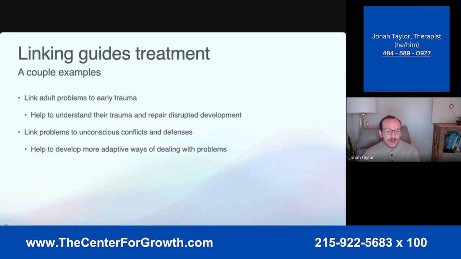To link problems to unconscious conflicts and defenses, a treatment direction is to help to develop more adaptive ways of dealing with problems. These are very simplistic, and I apologize that there's not more time to get into this deeply. I wanted to read a more detailed case formulation, but this should just give you a taste of things.